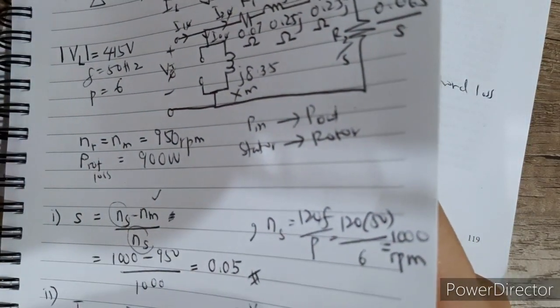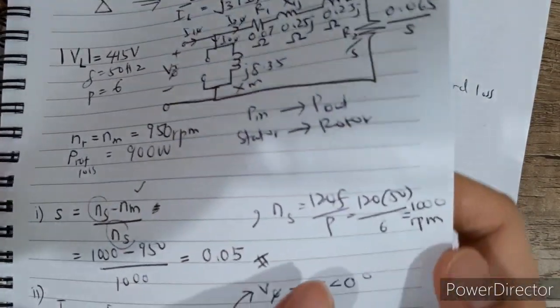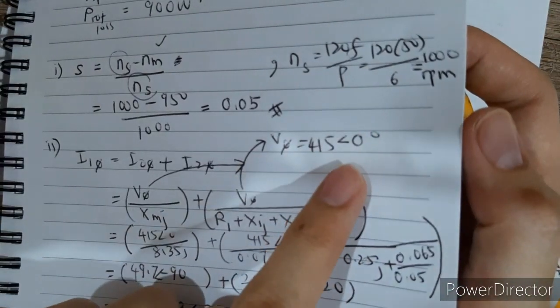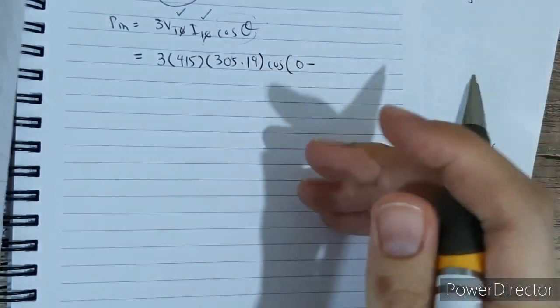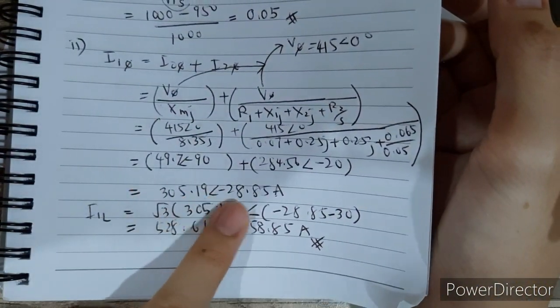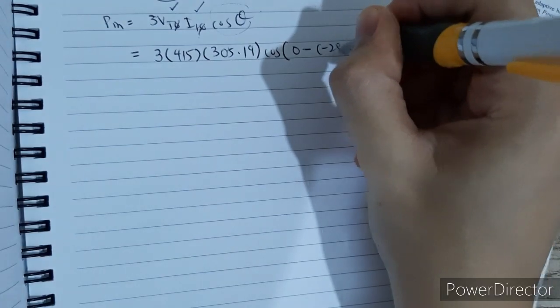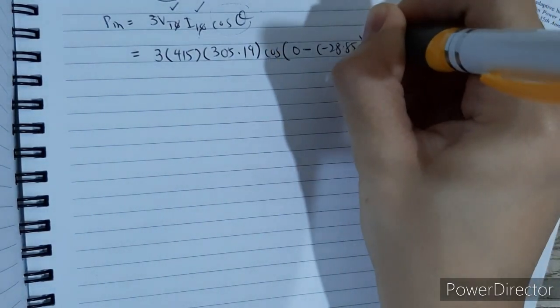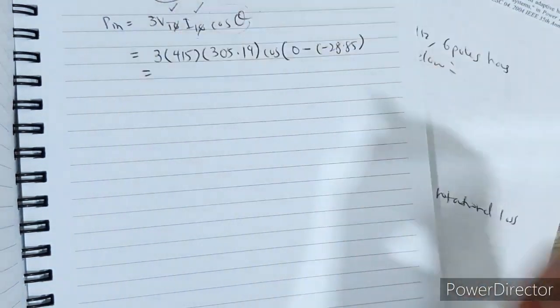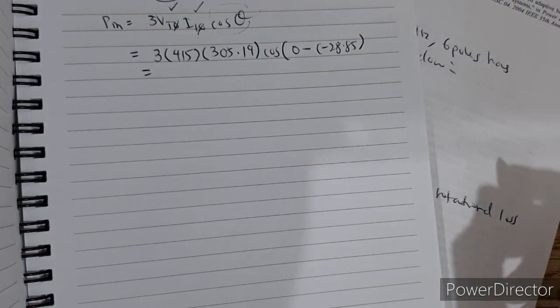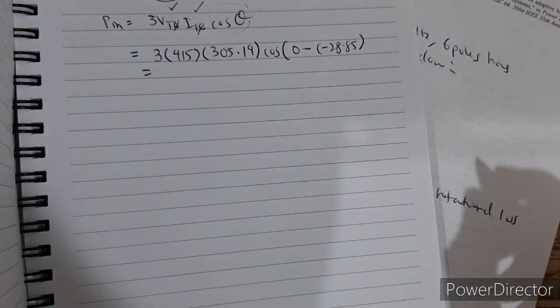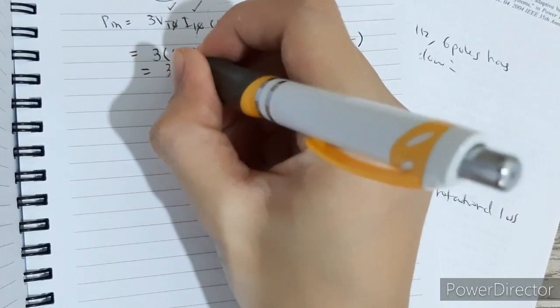So angle of VT phase is 0. So 0 minus angle of I1 phase, this one, negative 28.85. So 0 minus negative 28.85. So answer is 232.81K.